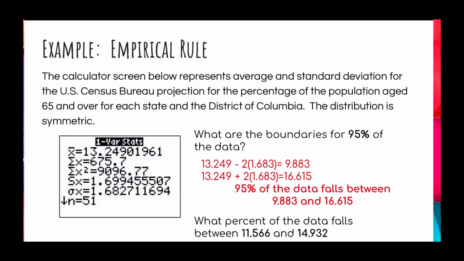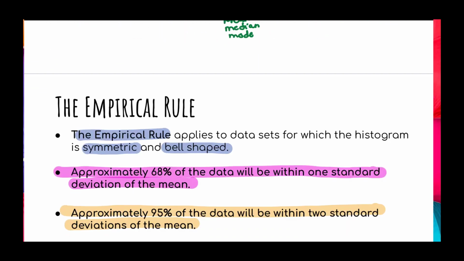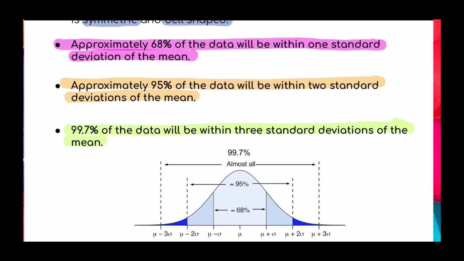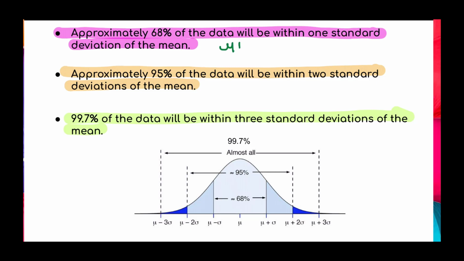So you can see here, another way to do it is to do it with little formulas. All right, so just want to go back up real quick to the characteristics. So you could do this with a formula. You could do the mean plus or minus 1 standard deviation.